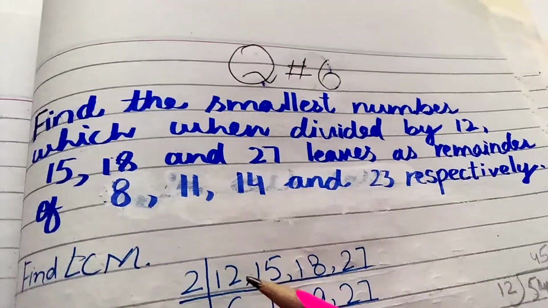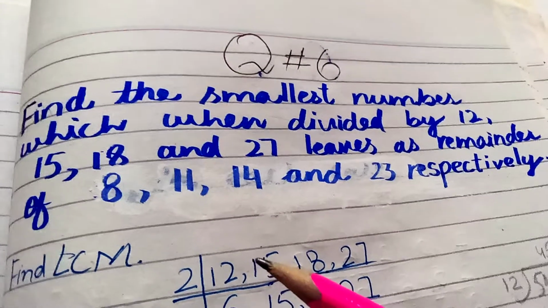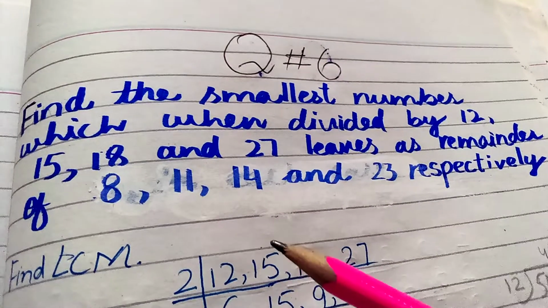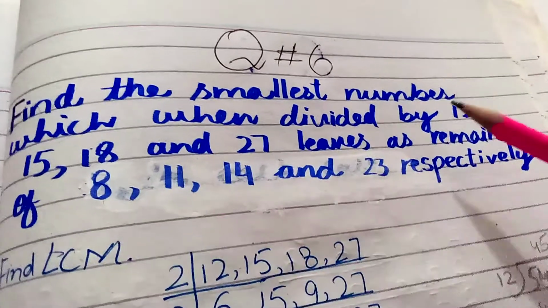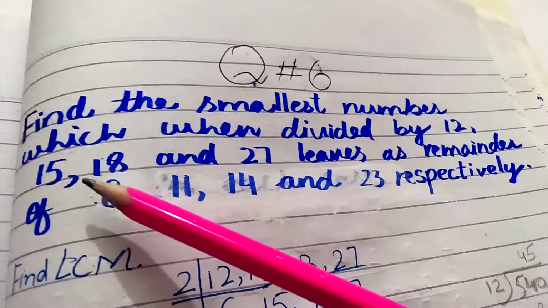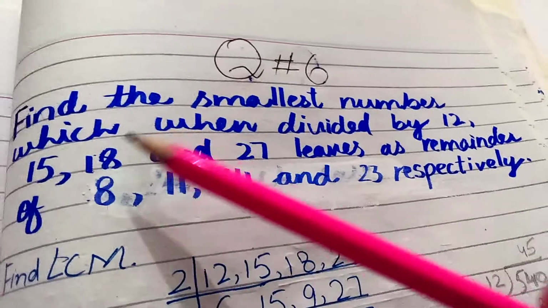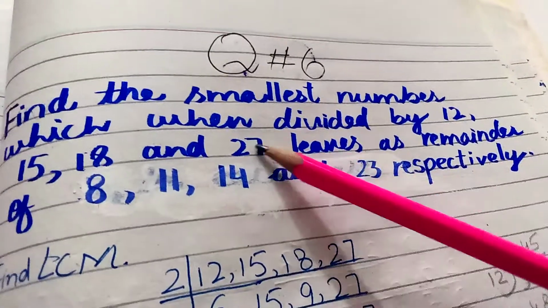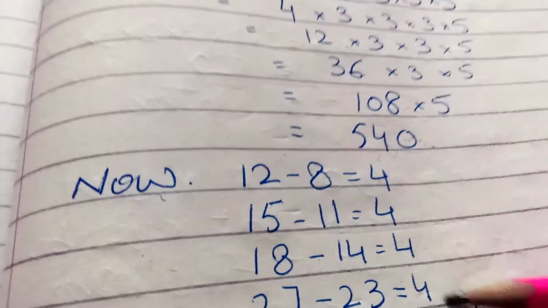If you think for a second, it will strike our mind that if we subtract 8 from 12, the difference is 4. If I subtract 11 from 15, the difference is 4. 14 from 18, 23 from 27, the difference is 4. Like this, 12 minus 8, the difference is 4.